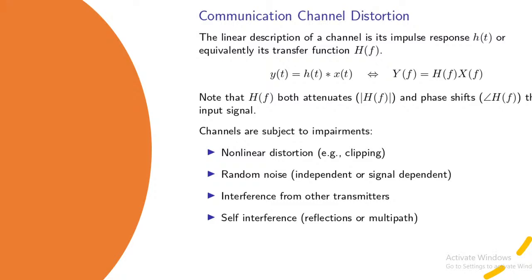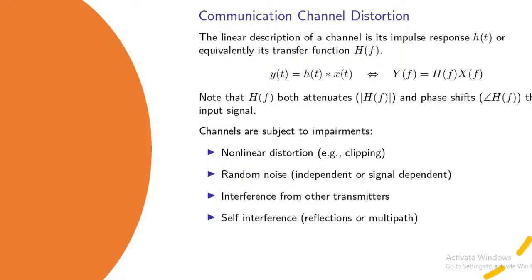The amplitude of the output is obtained by multiplying the absolute of H(f) with the absolute of X(f), so X(f) will be attenuated, and the output y(t) amplitude is an attenuated version. Similarly, the output angle is also altered. So in those cases, it will be completely distorted.